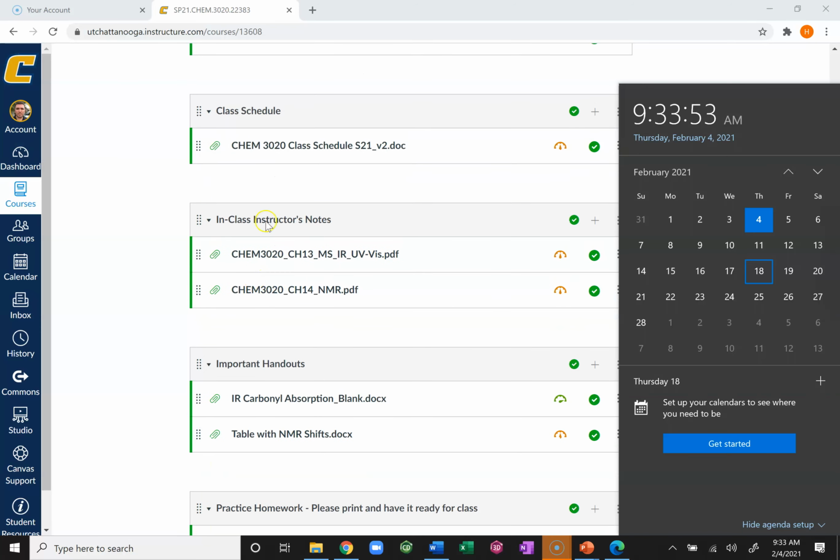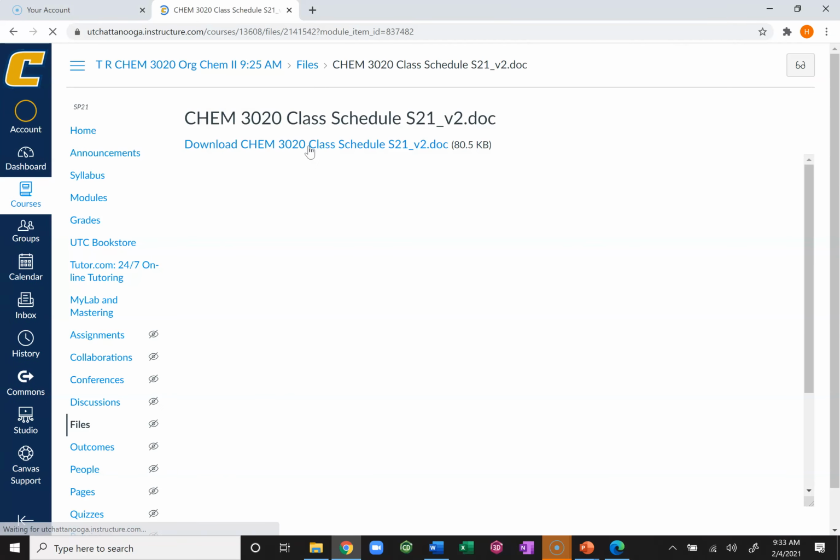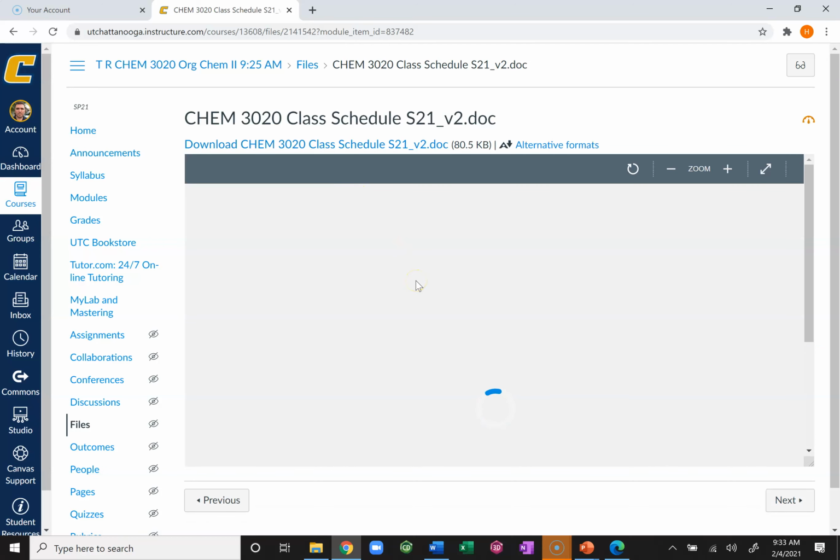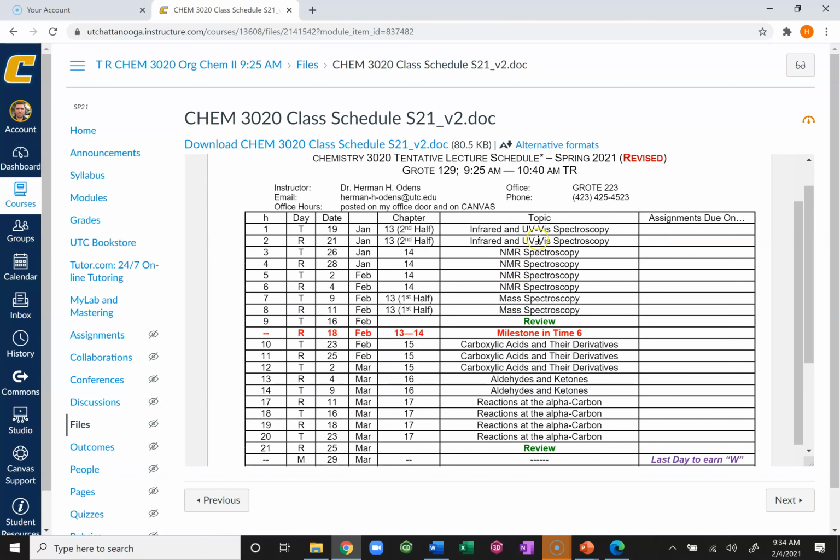Let's see, where's the class schedule? Right here. For the class schedule, notice that we're doing infrared, NMR, and mass spec. All of this will be combined and finished by February the 18th. By the time we get to February the 15th, we should be rolling with the electronic Pearson online homework.